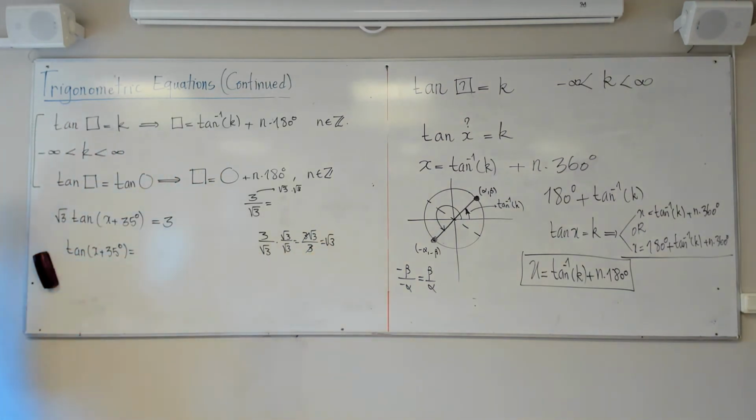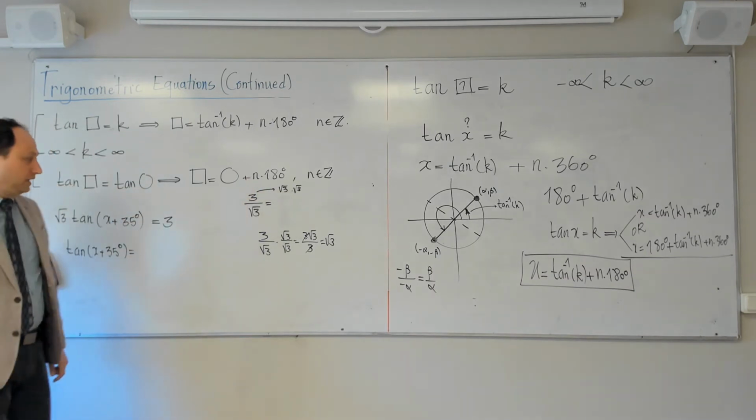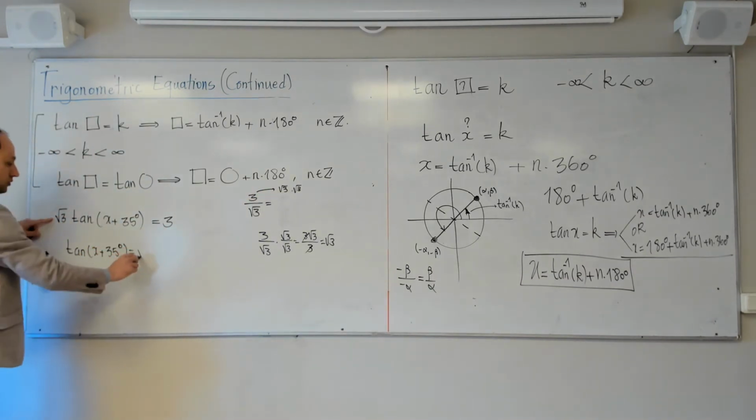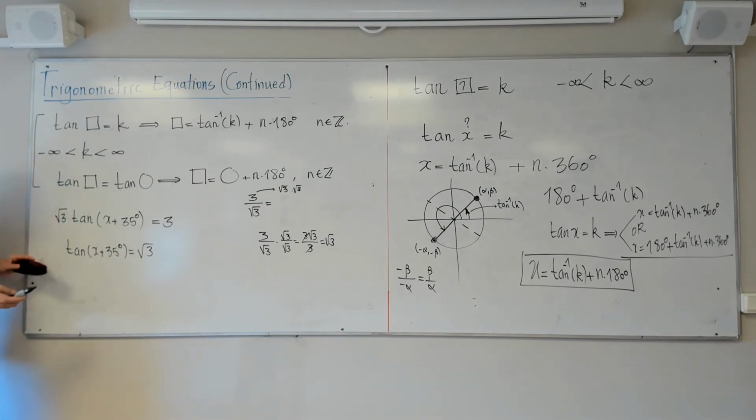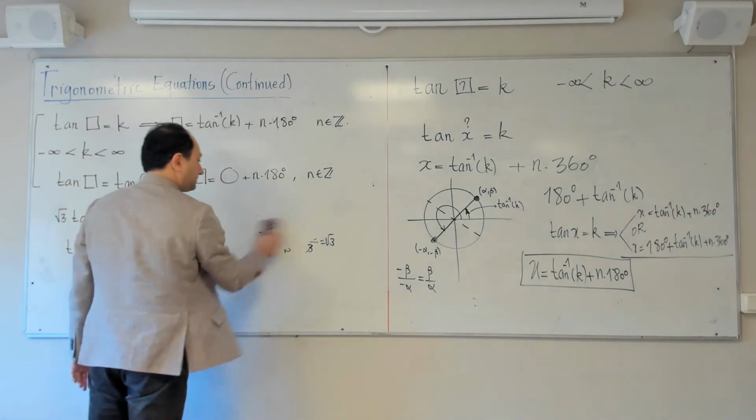So of course it's easy, but you can just visualize it in this very simple way. So you see, if I divide 3 by square root of 3, the answer would be square root of 3. Anyway, yes, understandable? Okay, so let me clean this.